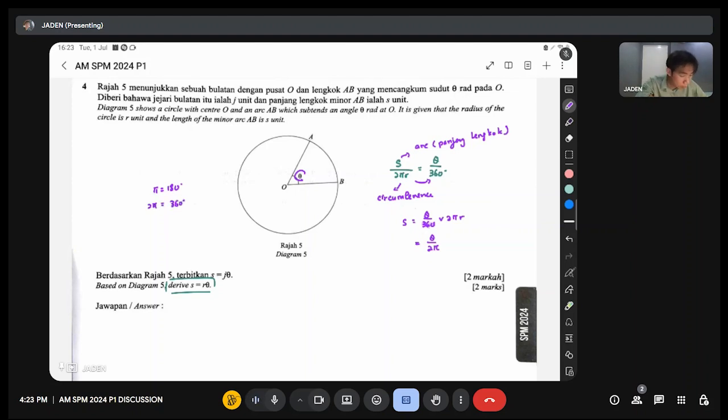So over here, we will convert 360 to 2 pi, multiply 2 pi r. 2 pi and 2 pi can be cancelled. You're left with theta and r, but the formula stated this is r theta, so maybe you want to rearrange the sequence here. And that is how you derive the formula, S equal to r theta.